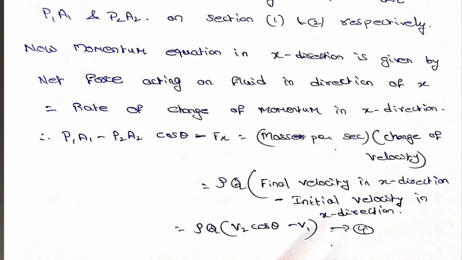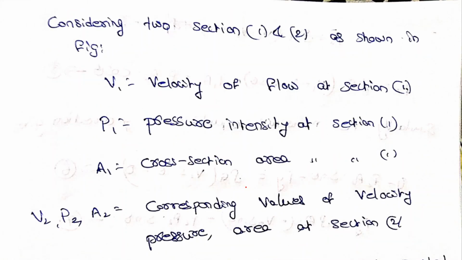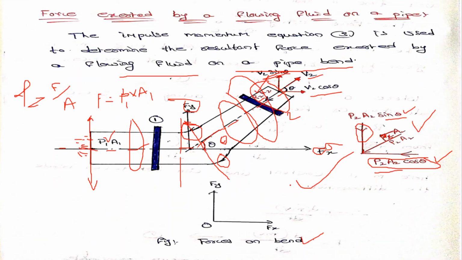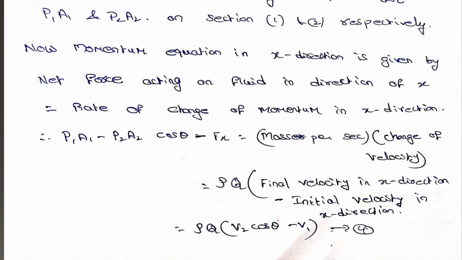Okay, now the momentum equation in x direction is given by, meaning the overall momentum in x direction is given by: the net force acting on the fluid in the direction of x is equal to, meaning the overall force in x direction is equal to the rate of change of momentum in x direction.